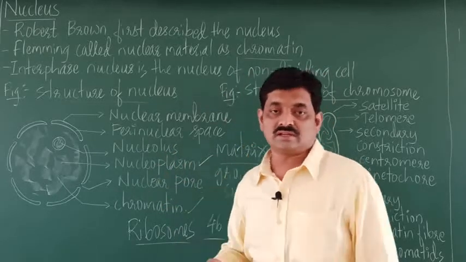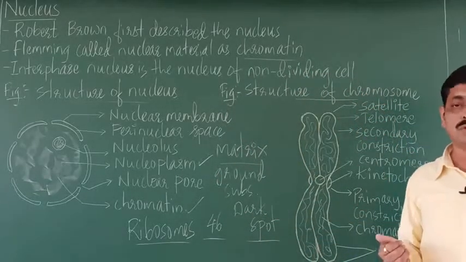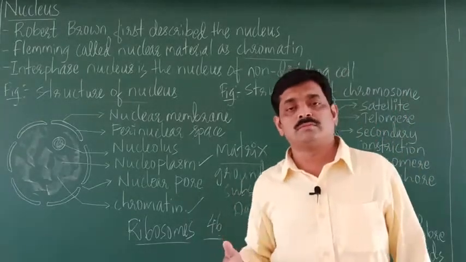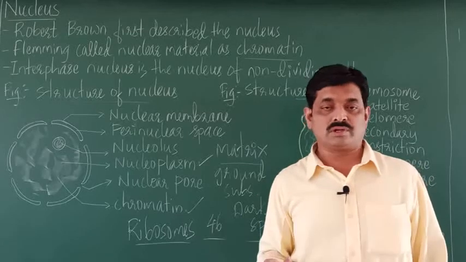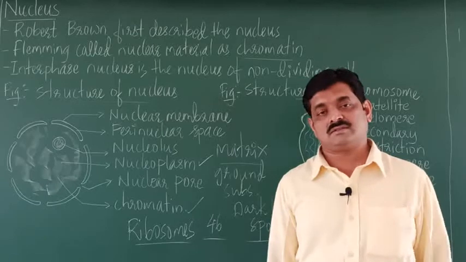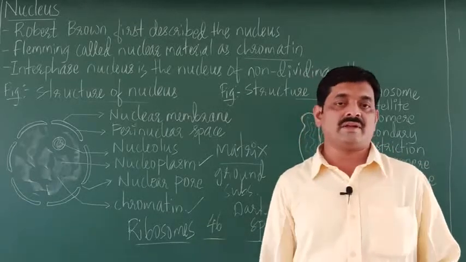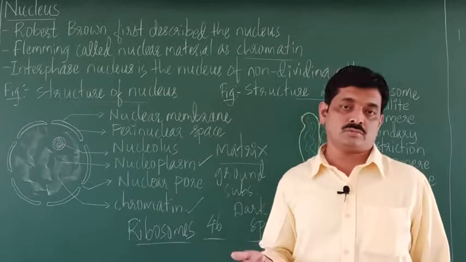After this, we shall consider the structure of the chromosome. As I told you, a chromosome is a thread-like structure present in the nucleus. In man, the body cells have 46 chromosomes, whereas the gametes like sperm and ovum have 23 chromosomes.